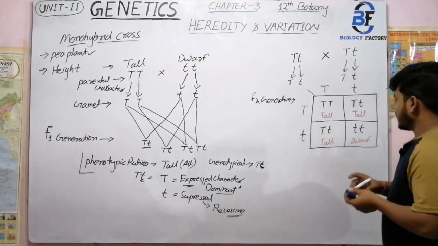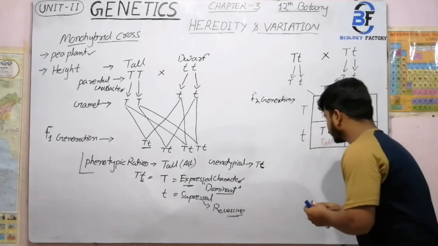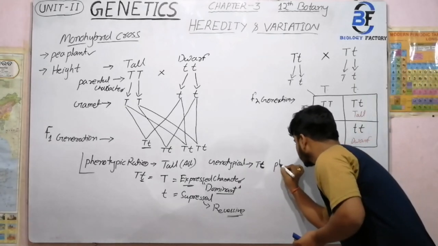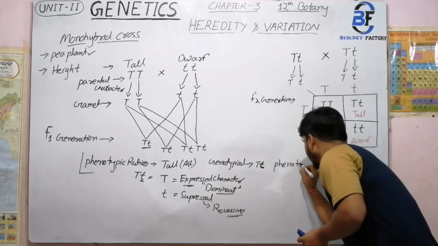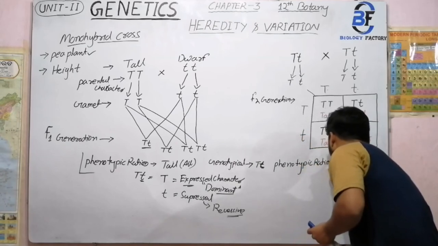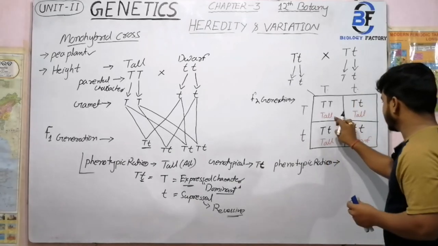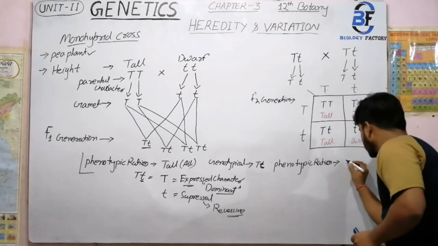So if we take the phenotypic ratio, we get 3 tall plants.